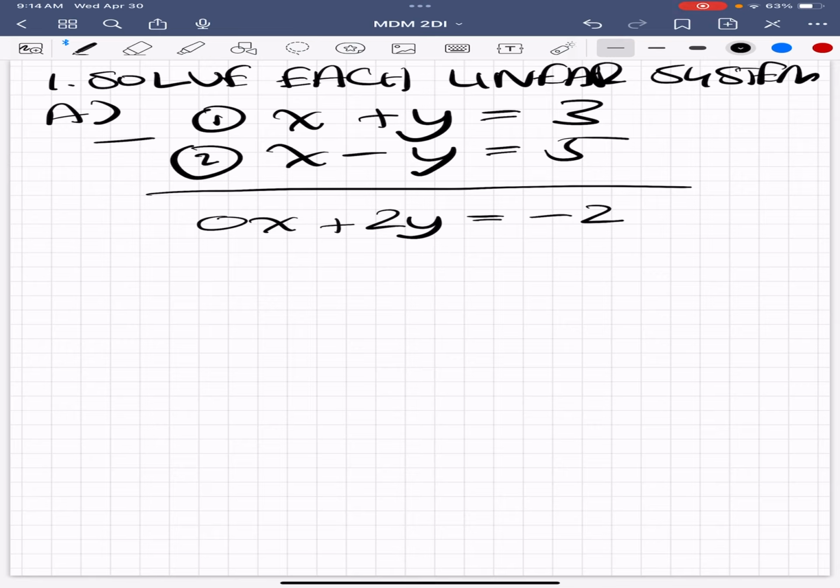So we've eliminated the x variable by subtracting equations 1 and 2, and we are left with 2y, the y variable, so we're going to follow order of operations to isolate y.